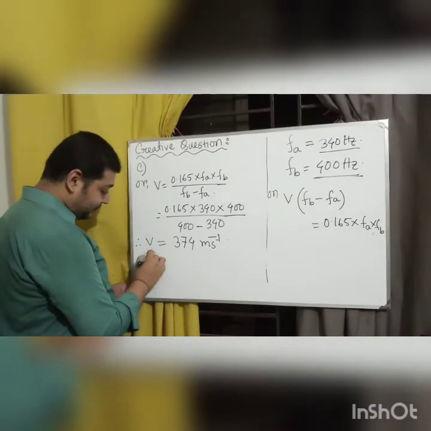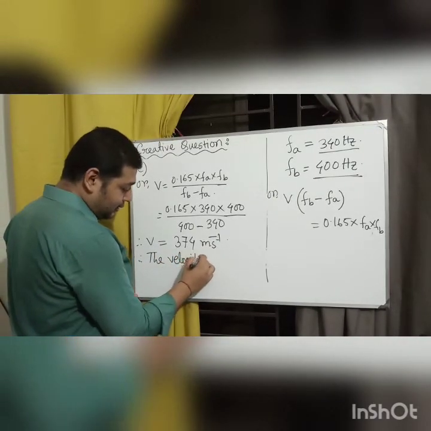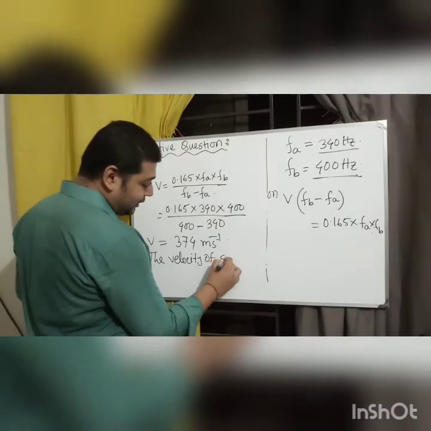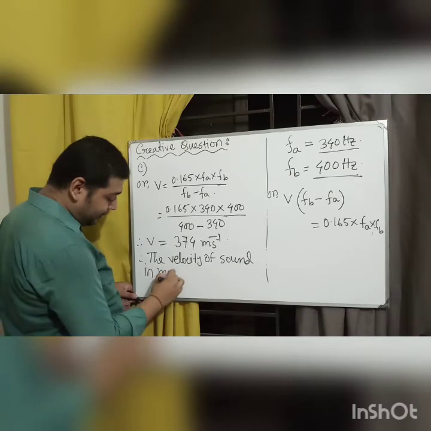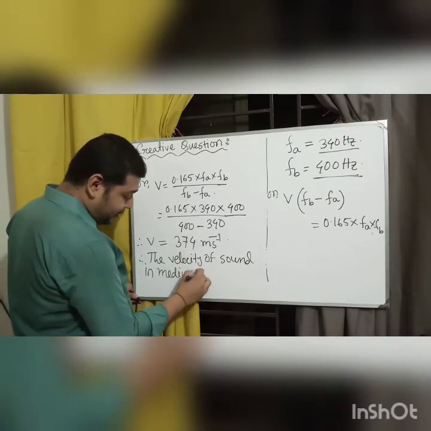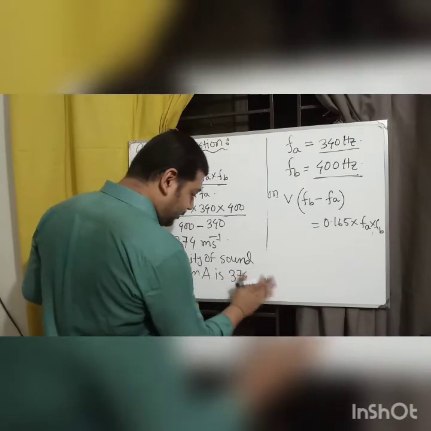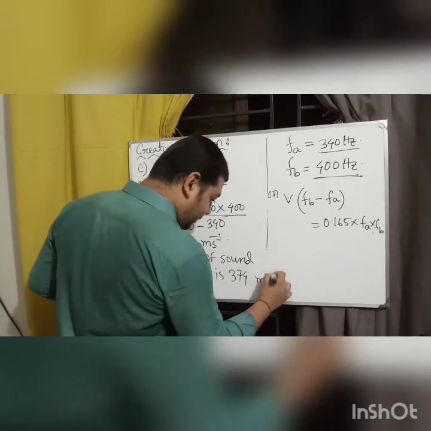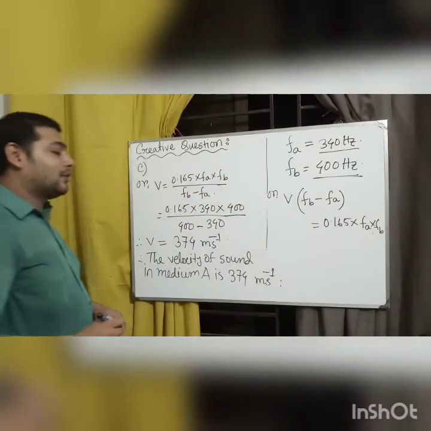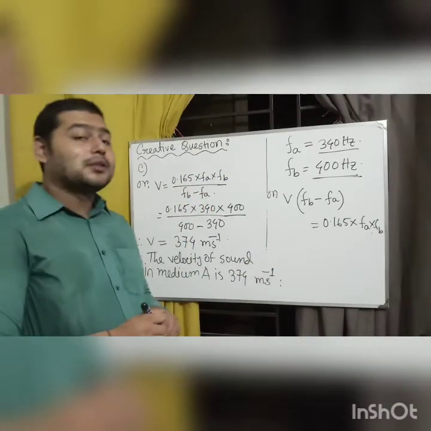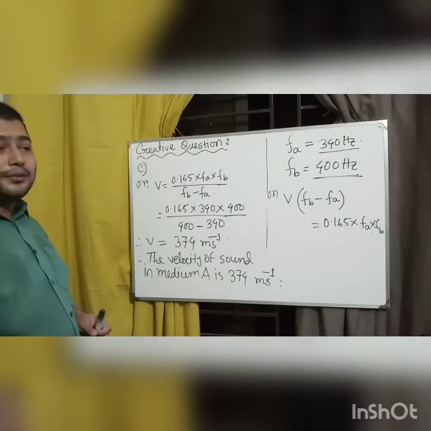So the velocity of sound in medium A is 374 meter per second. So this is our answer for question number C. Okay, here V is 374 meter per second.